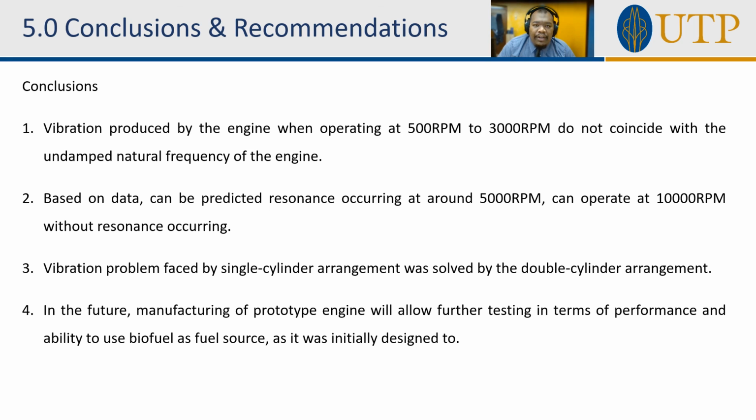In conclusion, the vibration of the engine when operating at 500 RPM to 3000 RPM does not coincide with any of the undamped natural frequencies of the engine. Resonance will only occur at around 5000 RPM based on the forecasted data, and the engine can operate until 10,000 RPM without resonance occurring again.